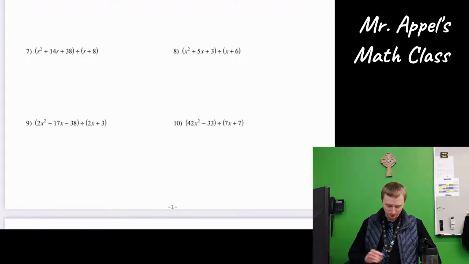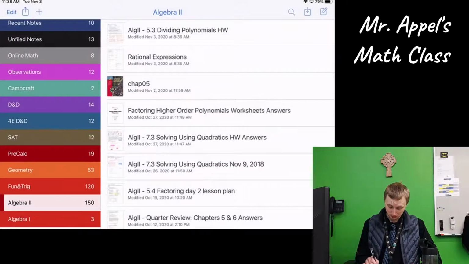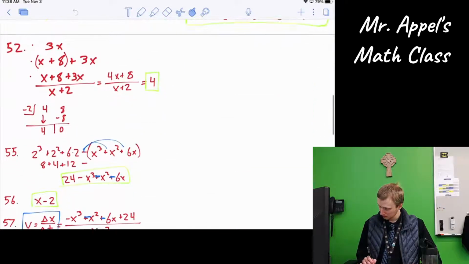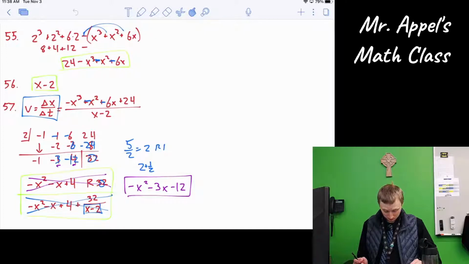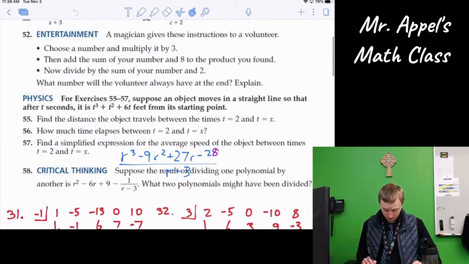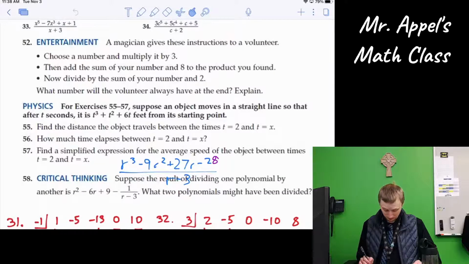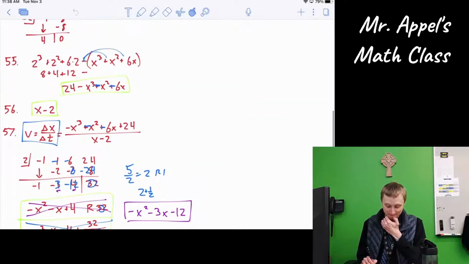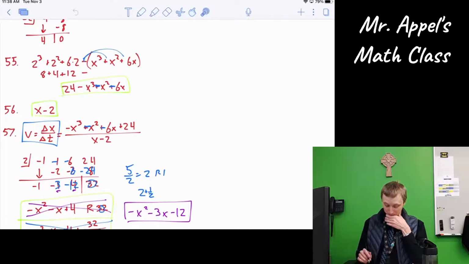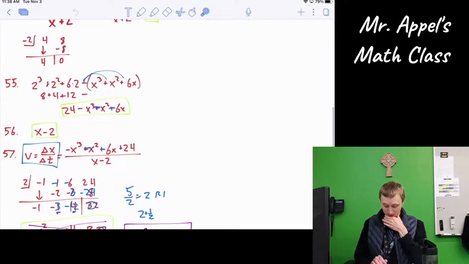Got x squared plus 3x plus 12 for 57. It definitely would have remained negative, unless, if you put the x's minus 24 instead of 24 minus x, you got x minus 2, and that would switch your signs around.